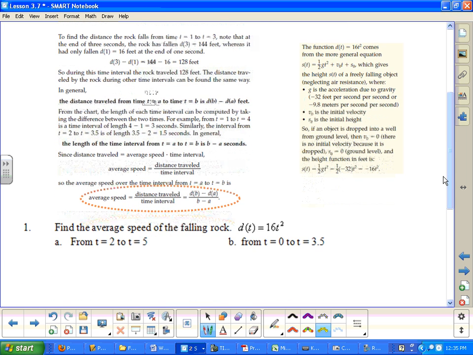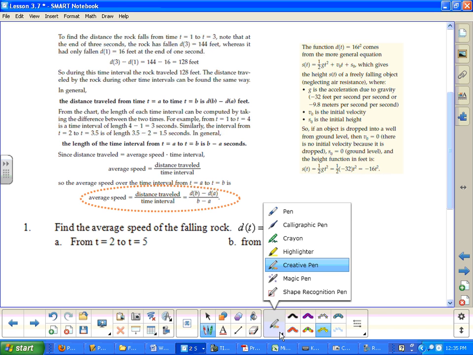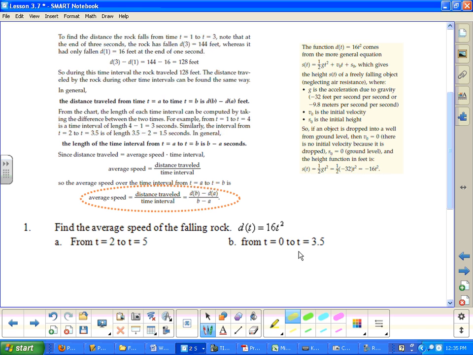So we're going to use the formula that uses change in distance divided by change in time. Our average speed will be calculated by doing the amount of distance traveled divided by the time interval, which when we formulate it looks like this.